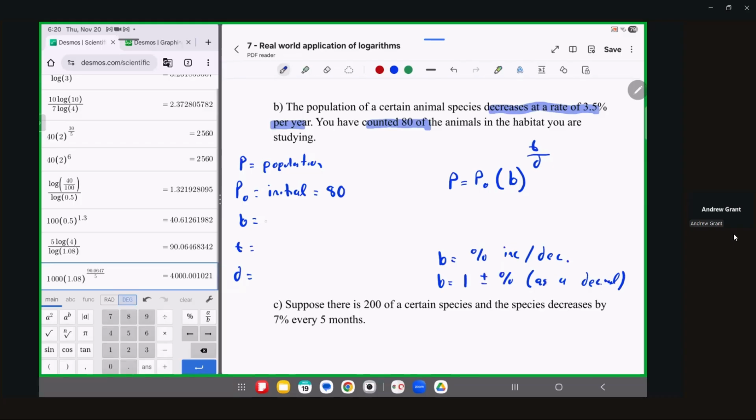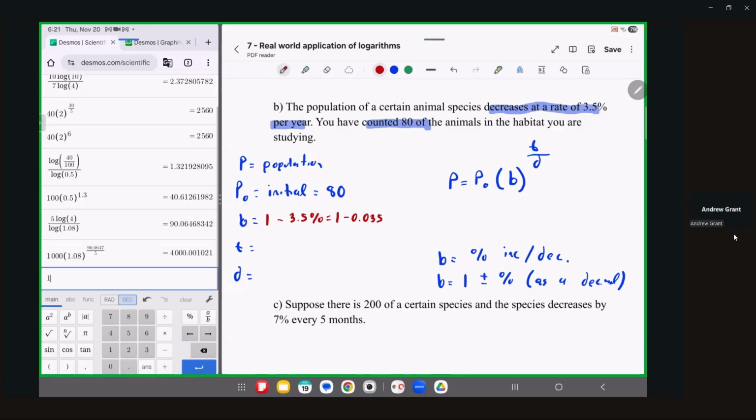So our B value is going to be 1 minus, and I'm going to write this in red, 1 minus 3.5%, which is equal to 1 minus 0.035. And on our calculator, if you take 1 minus 0.035, we get 0.965.